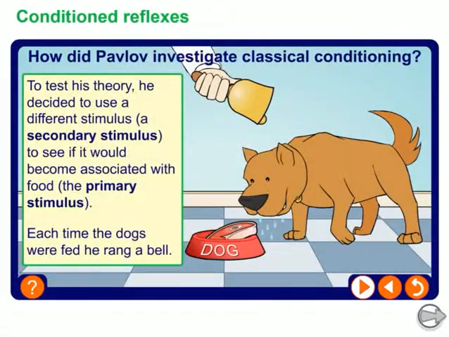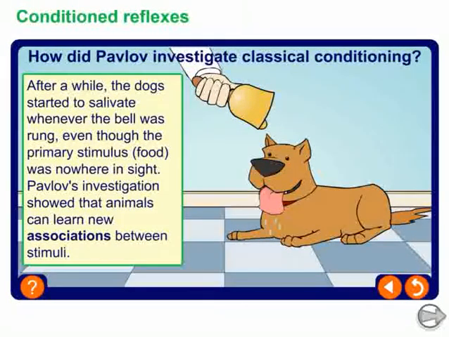To test this idea, he deliberately set up an experiment where he used a secondary stimulus, which in this case was a bell which he rang every time he brought food out for the dog. And the food itself was the primary stimulus, and it was the sight of the food that was the original reflex that the dog had and made him salivate and get ready to digest the food.